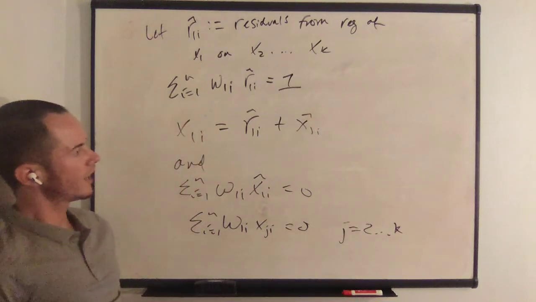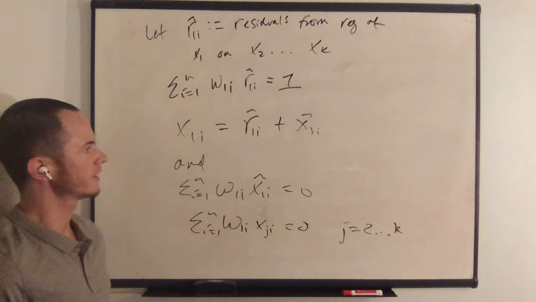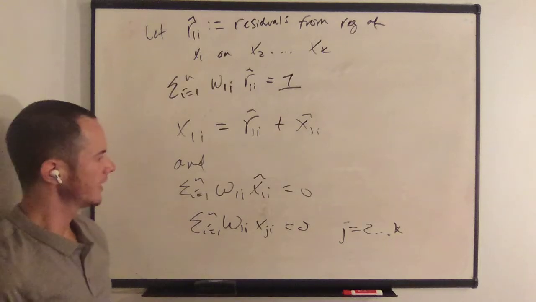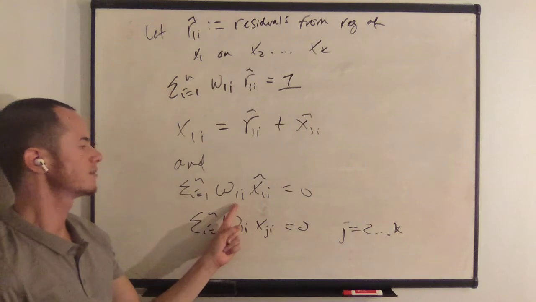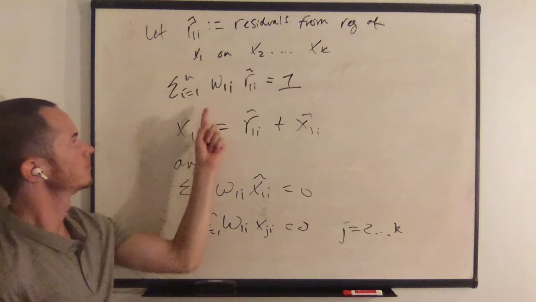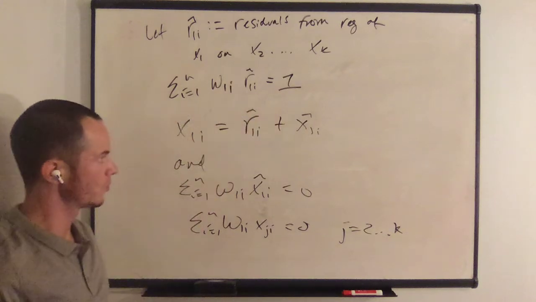The r1i hat is the partialled out part of x1 that is unrelated to the rest of this. And it must follow that if the sum from i equals 1 to n of w1i x1i hat is equal to 0, then the sum from i equals 1 to n of w1i r1i hat is equal to 1.